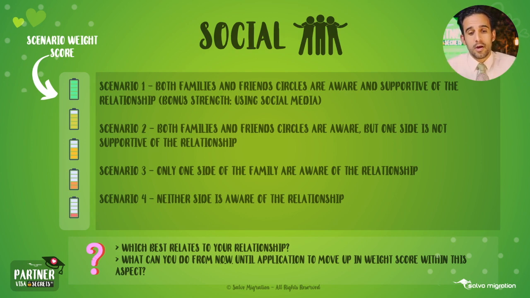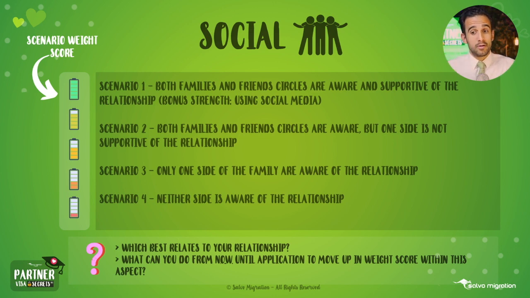Scenario 2 is both families and friends circles are aware, but one side is not supportive of the relationship. So people are aware, but only one side is supportive. So the types of statements or documents you'll collect will be more weighted to one side than the other. So logically, that won't be as strong as couples that can get supporting statements from both sides.